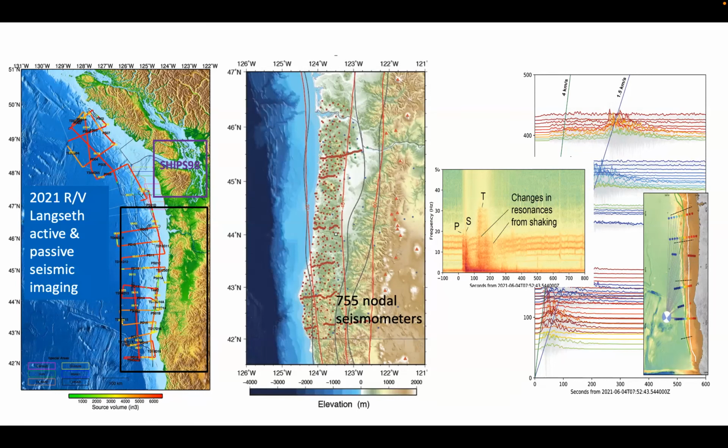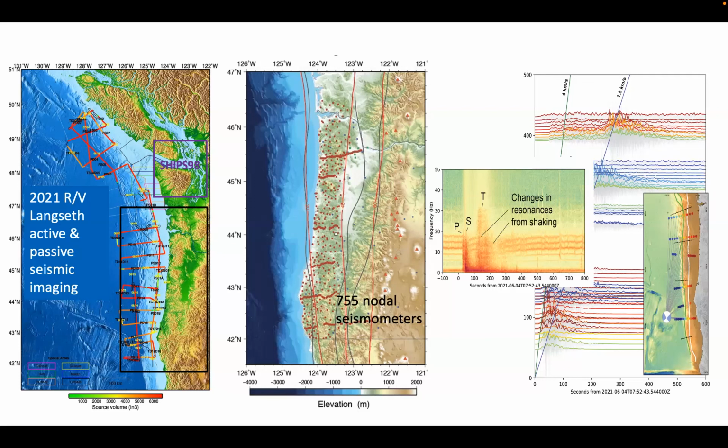There was a large experiment where we can look at structure and its impact on rheology and stress and the material properties. And I just want to highlight a really cool observation from this experiment in the offshore component, where they've looked at spectrograms of shaking.